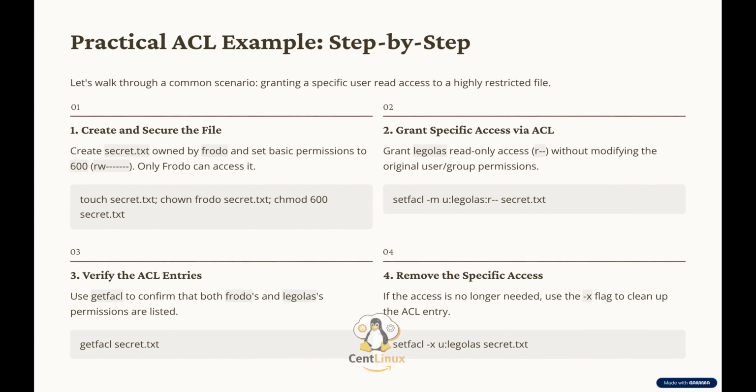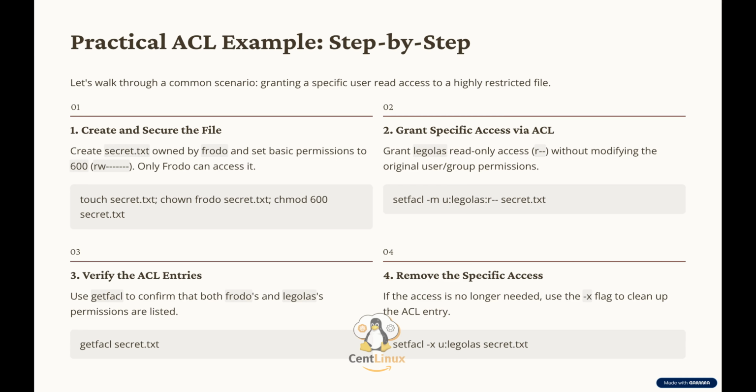Let's walk through a common real-world scenario. Step 1. Create and secure the file. touch secret.txt. chown frodo secret.txt. chmod 600 secret.txt. Now only Frodo can read or write the file.